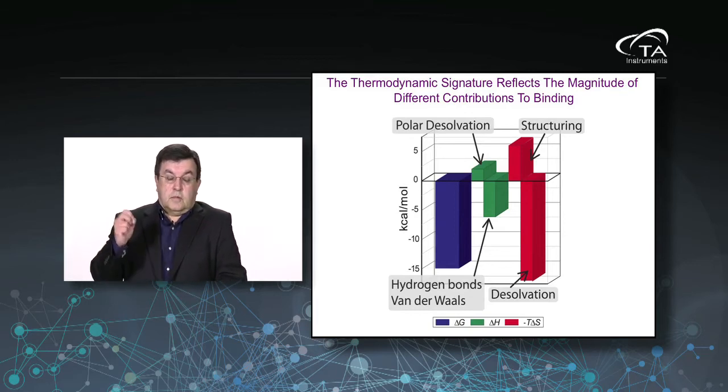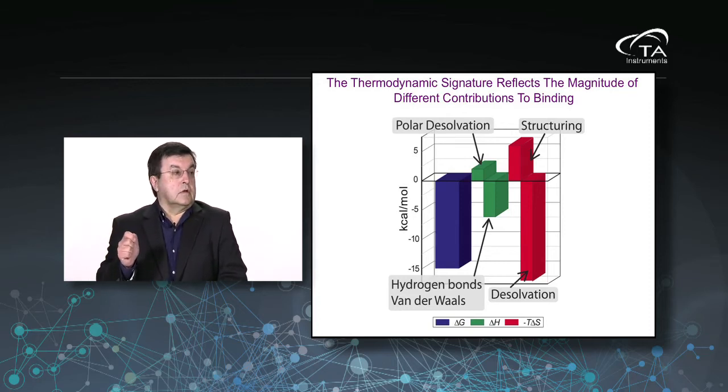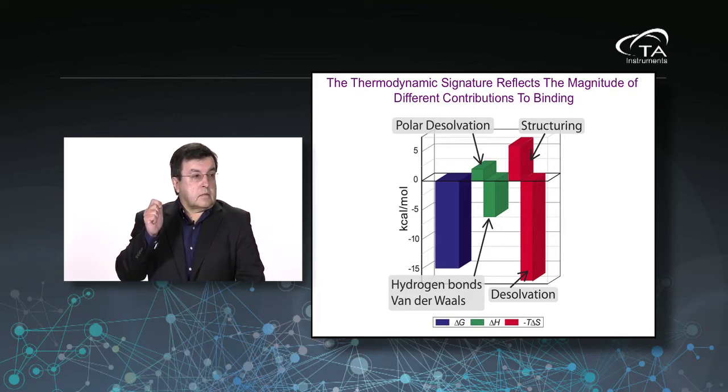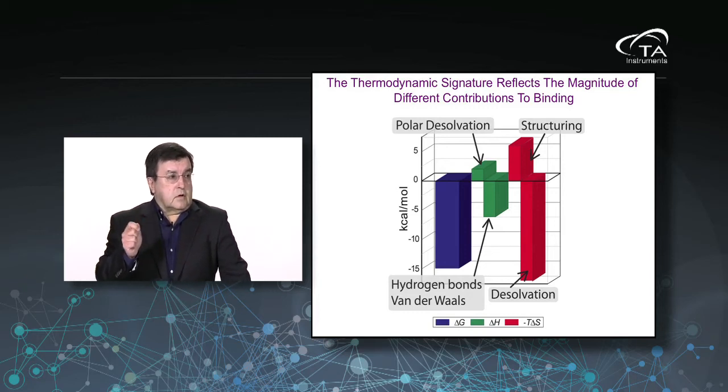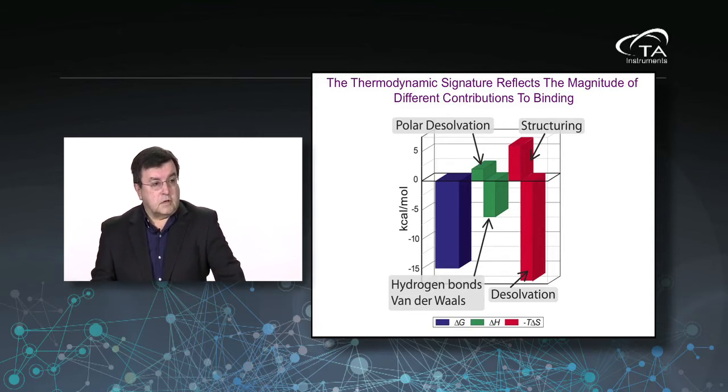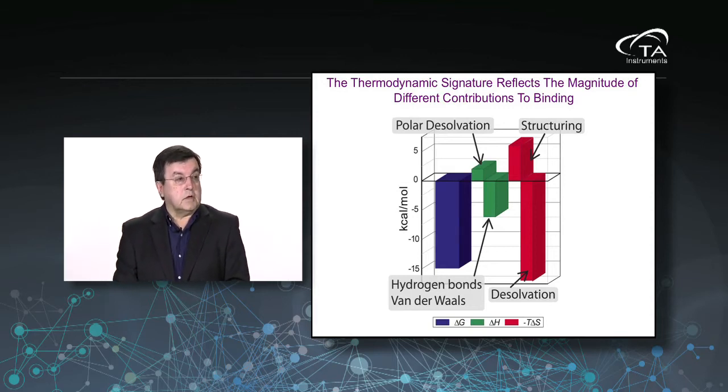Any polar group that doesn't make a good hydrogen bond with the target protein is going to pay a penalty and is not going to contribute to affinity, will be detrimental. And that's one of the very first things that need to be eliminated.